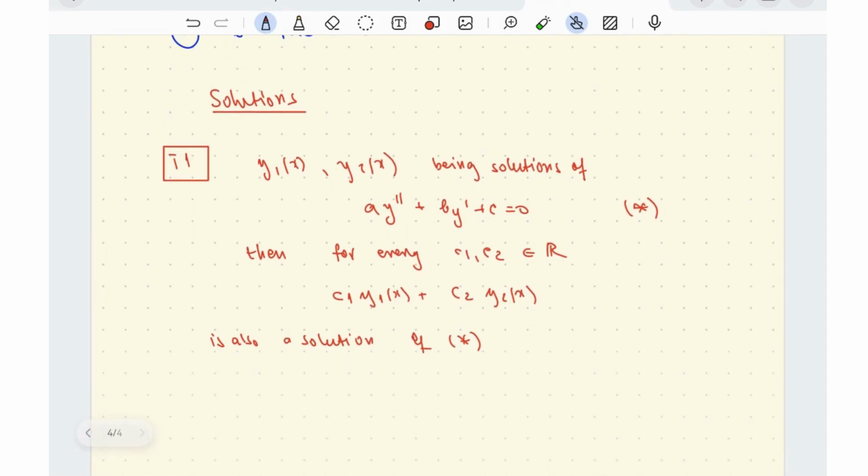Okay, so that is, when we have two solutions of this equation, every linear combination of them is also a solution.